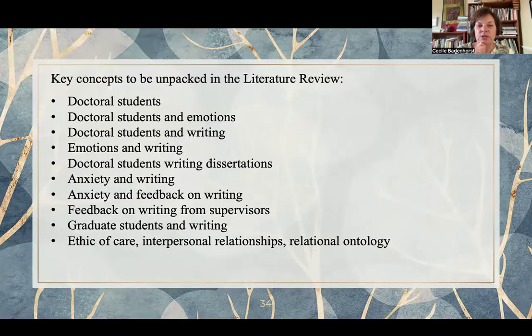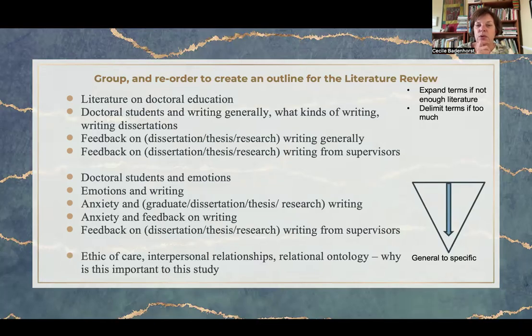The next step would be to group and to reorder and to really, I would say, interrogate whether or not these are the right concepts in relation to your particular study. And if the concepts are too broad, then you need to limit them further. If they are too narrow, you might need to open them up a bit.